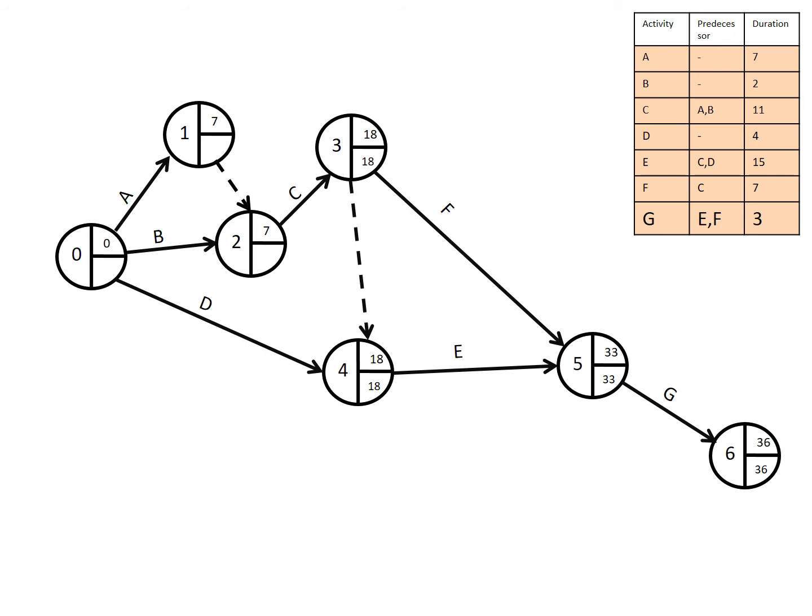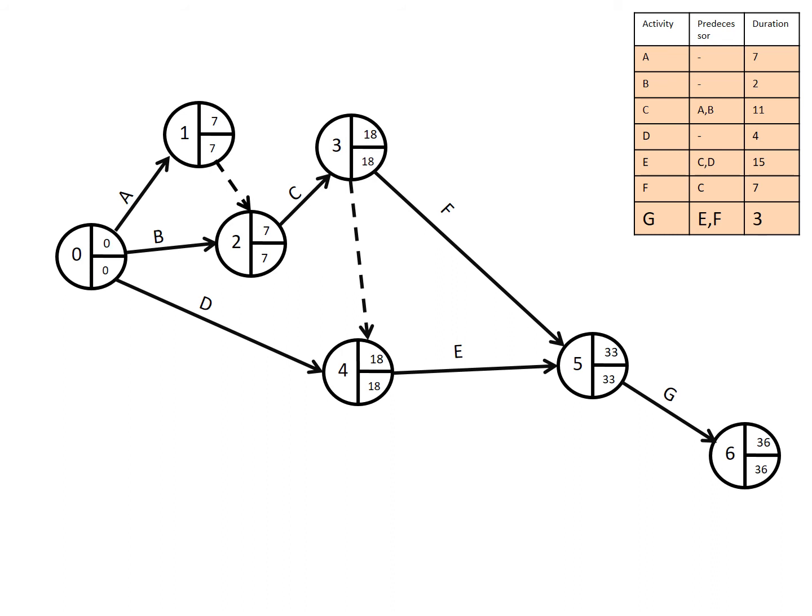So when you have 33 minus 7 versus 18 minus nothing, you'll find that 18 minus nothing will be the one that is drawn there because it is smaller. 33 minus 7 will leave us with around 26, which is larger than 18. Using that criteria, we keep on passing back and fill the rest of the times until we reach the initial event.